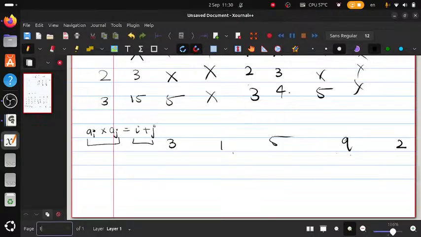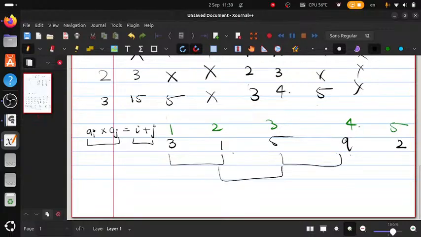The indices are supposed to be 1, 2, 3, 4, and 5. It's like any two numbers. It's either this or this or this. We are leaving some.